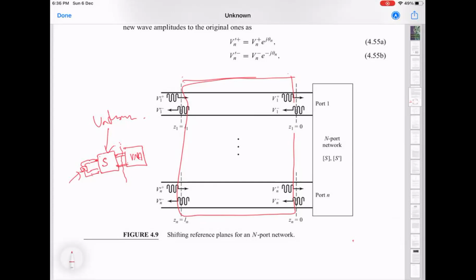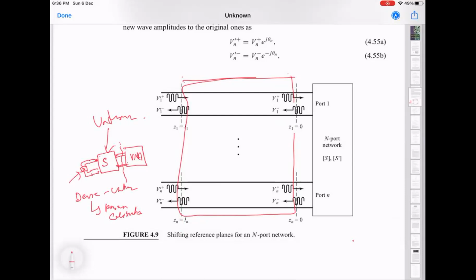But the idea is, it's not simple, but the idea is that if you knew what your device was, of course, in reality you don't, but you can now put in test objects. So these are called calibration standards. So if you now replace your device, which is also unknown because that's what you're trying to measure, with a known two-port network whose properties you already know because you have made it.